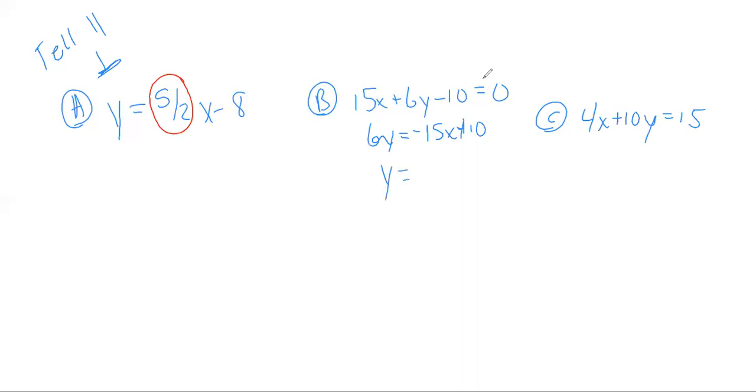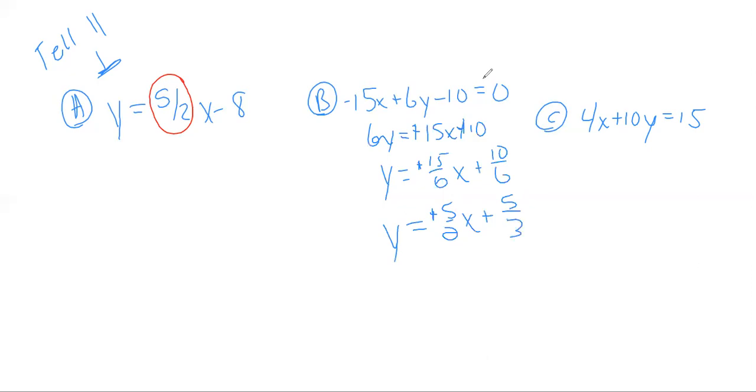So y is equal to negative 15/6 x plus 10 over 6. Simplify it. Y is equal to negative 5 halves x. I'm sorry, I wrote this wrong. This should have been negative and that should have been positive. So that's positive 5 halves x plus 5 thirds.